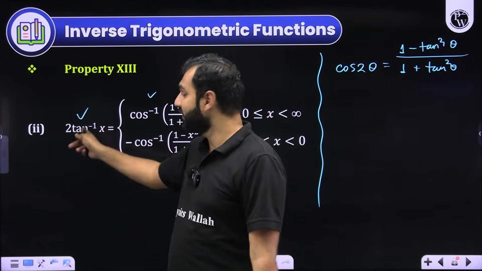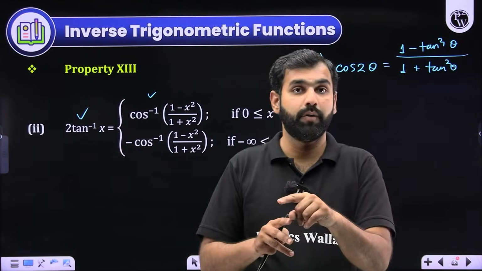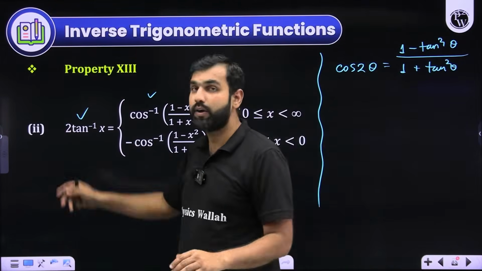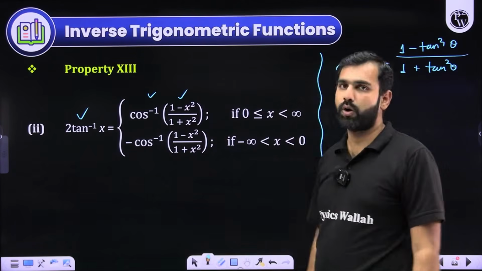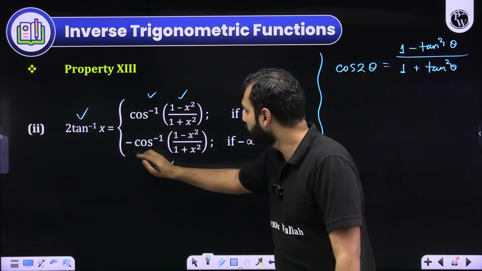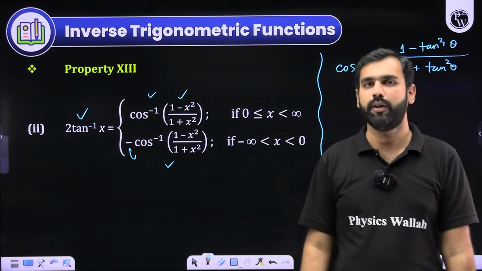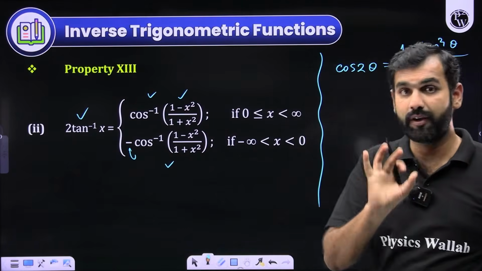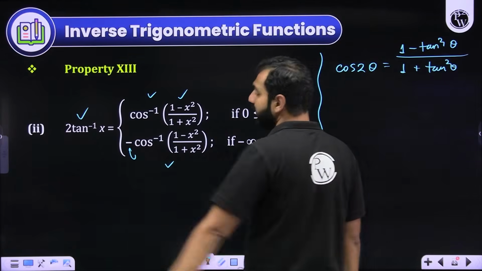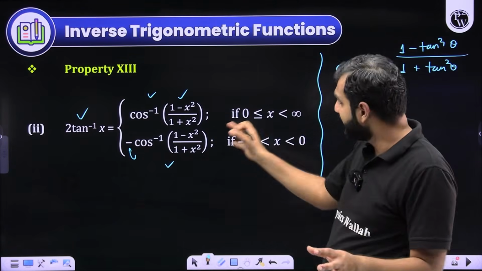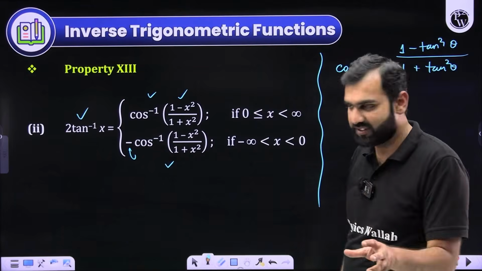But tan inverse x takes values from minus pi by 2 to pi by 2. Even if I multiply it by 2, it will take values from minus pi to pi. So 0 to pi can be brought here, but minus pi to 0 can be brought with the help of this negative sign only. Did you get that part? I hope you're comfortably understanding all that I'm saying here. So these are the arrangements which are done here to bring the LHS and RHS in synchronization, right?